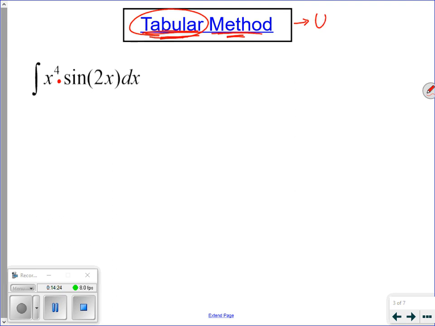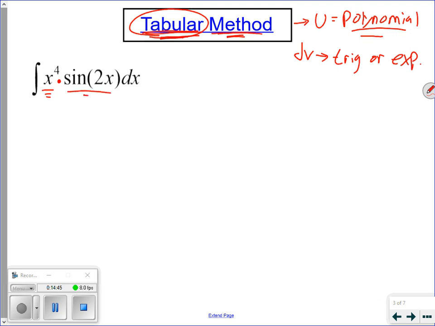This is really helpful whenever you make u a polynomial, and dv is either a trig function like sine or cosine, or an exponential. So in this case, we have a polynomial times a trig. It's especially helpful with a polynomial of a high degree. Otherwise, you're doing integration by parts multiple times.